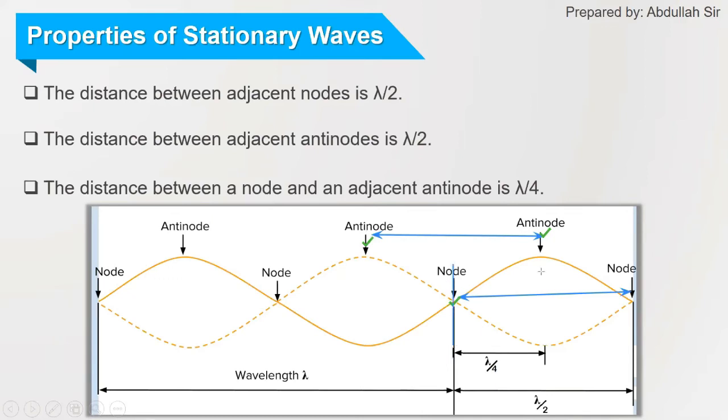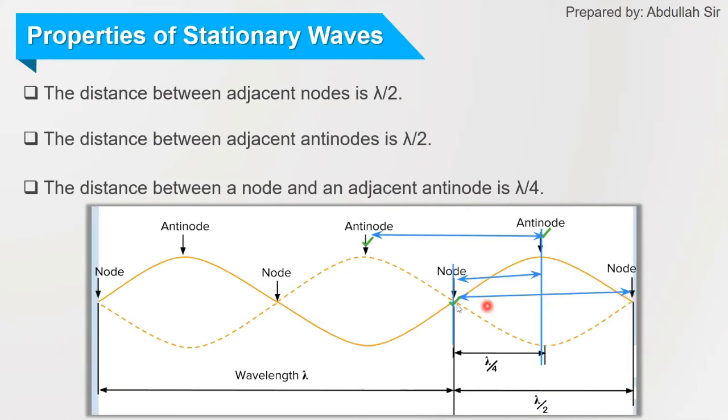This is your node. This is your antinode. The distance between this node and the adjacent antinode will be half the distance between two successive nodes. You can clearly see that the distance between two successive nodes, from this node to this one, is lambda by 2.